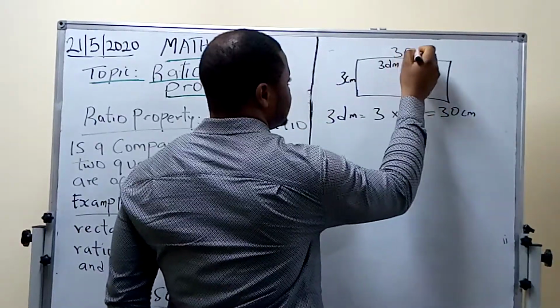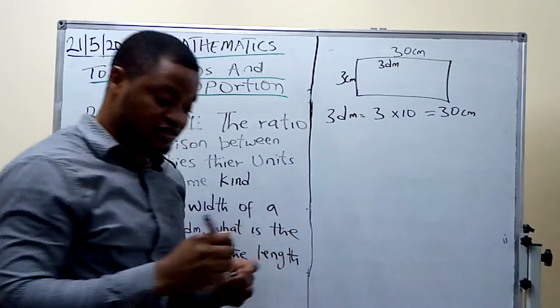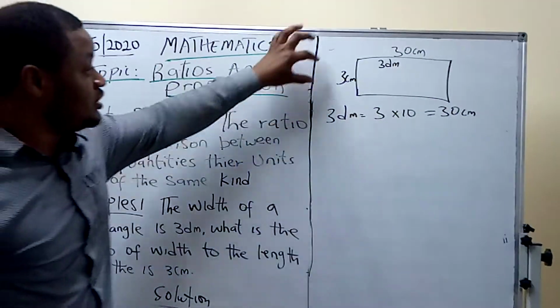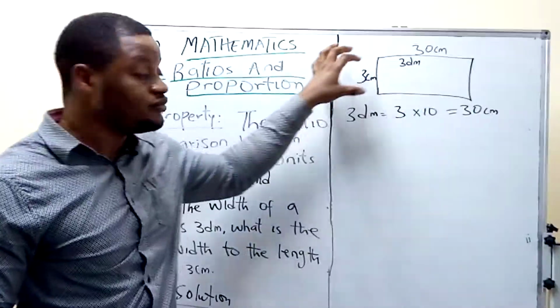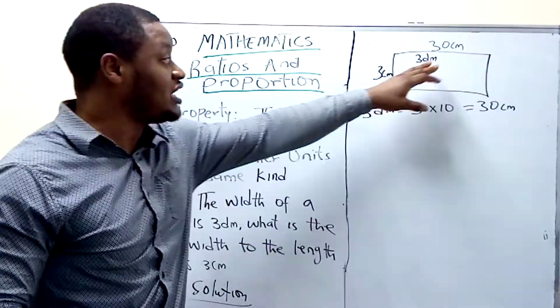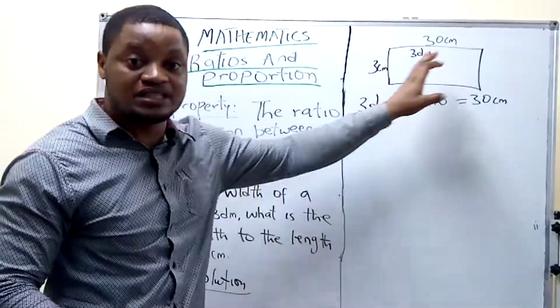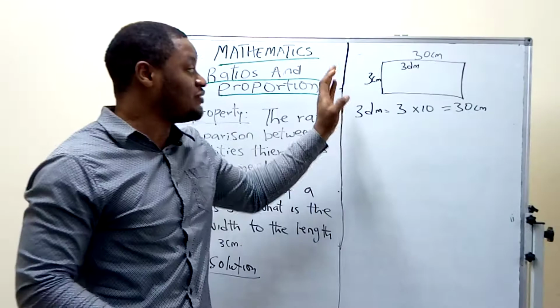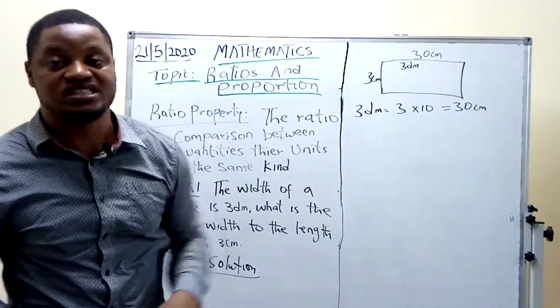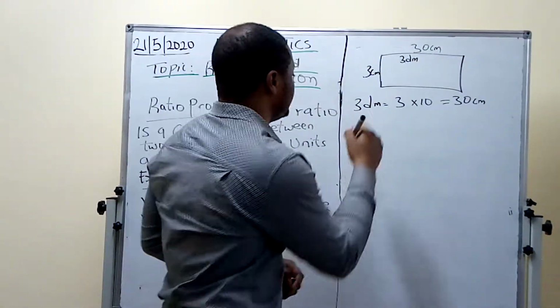So you write it here, 30 centimeter. As you can see from the diagram, both have centimeter and centimeter. They are not different now. I've converted the decimeter to centimeter. Now you start with the solution.